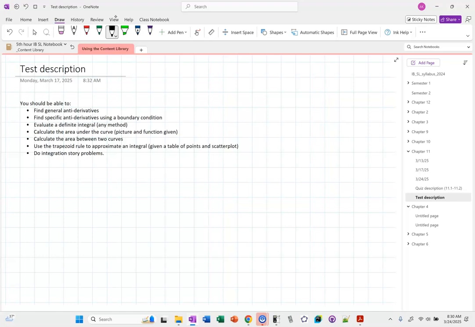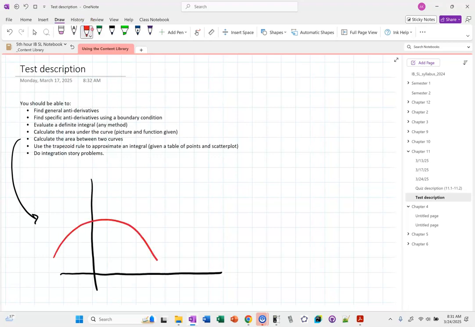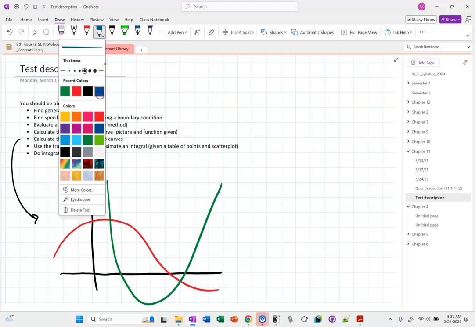I think the only thing we haven't talked specifically about yet is finding the area between two curves. Do you remember how to do that? So let's say we have two curves like this.